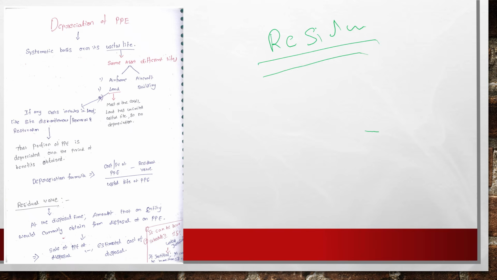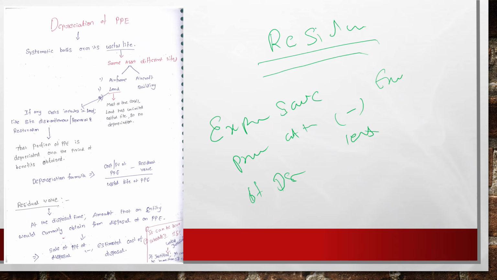Say suppose expected sale proceeds at the time of disposal less expected cost of disposal to get the proceeds. This is the residual proceeds. So the sale of a PPE at disposal less the expected cost of disposal, this you should consider as the residual value. I hope you understand.